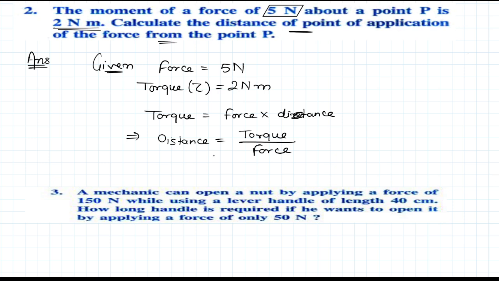The torque value is given, 2 Newton meter, and the force value is given, 5 Newton. So Newton will be cancelled, 2 upon 5, and this should be 0.4 meter. This will be the answer for the second question.